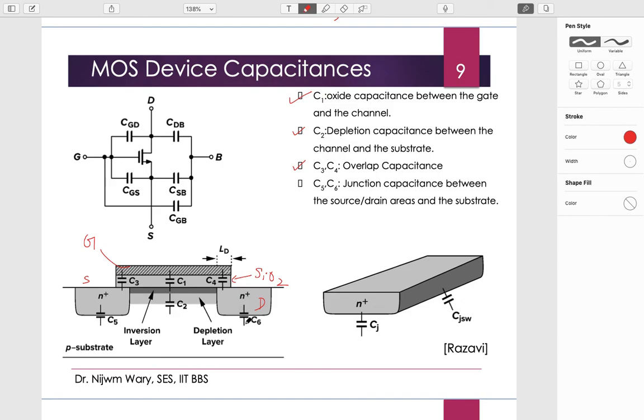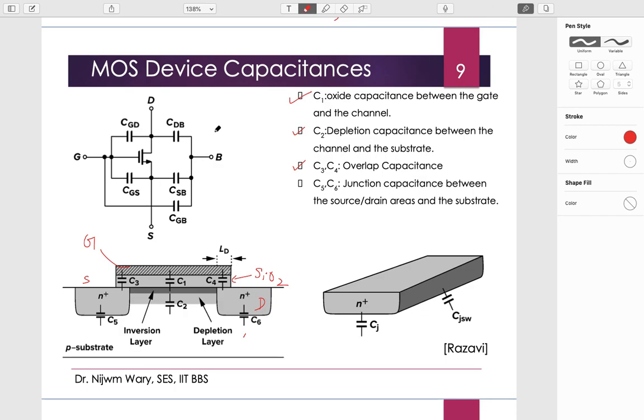The PN junction can sometimes be used as a variable capacitor also. Depending upon the reverse bias voltage, there will be a capacitance of this PN junction. This junction capacitance will contribute to the drain, and also to the source.